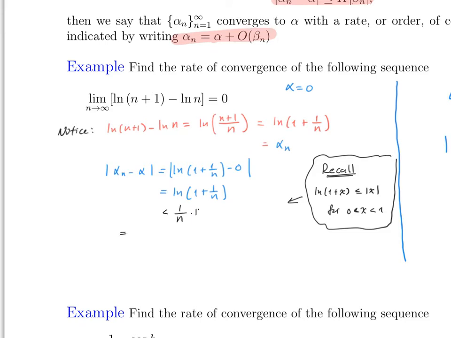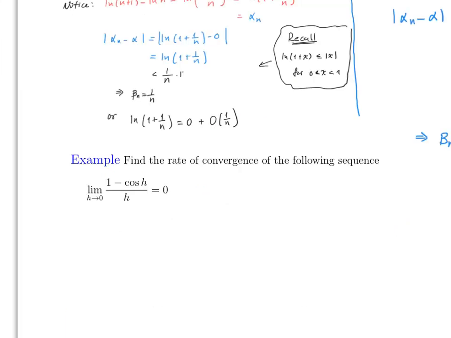So therefore, that implies that Bn will be 1 over n, or the ln of 1 plus 1 over n is equal to 0, which is the limit, plus big O of 1 over n. Right, let's look at the next example, and this one looks a little more tricky.